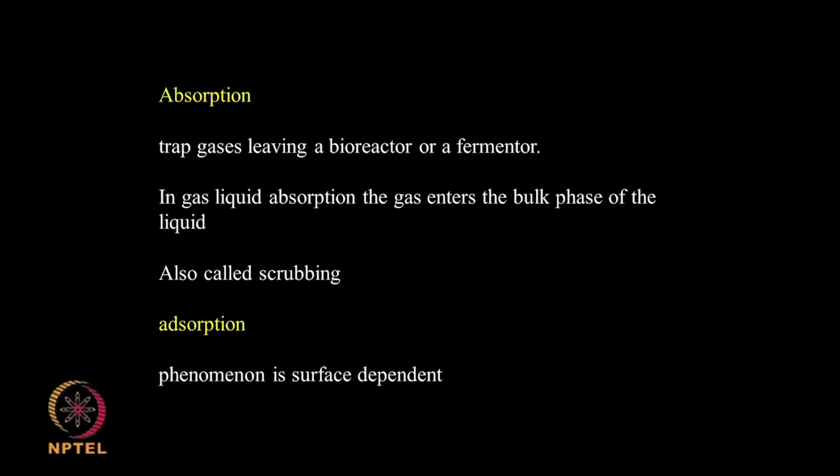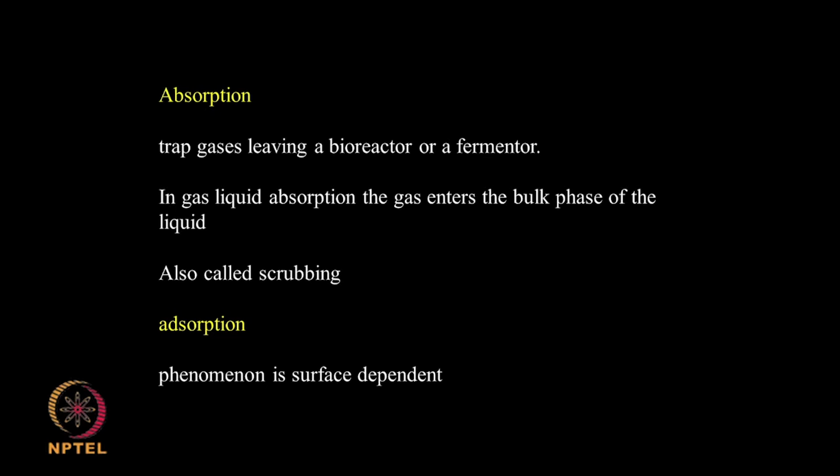So, generally the gases are bubbled through an absorbing liquid. This liquid could be alkali, water, ammoniacal solution and so on. The gas enters the bulk phase of the liquid and is trapped. That is called absorption.